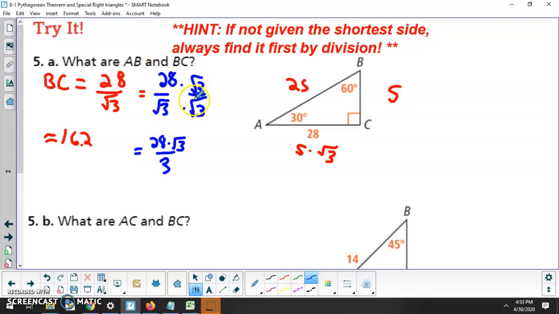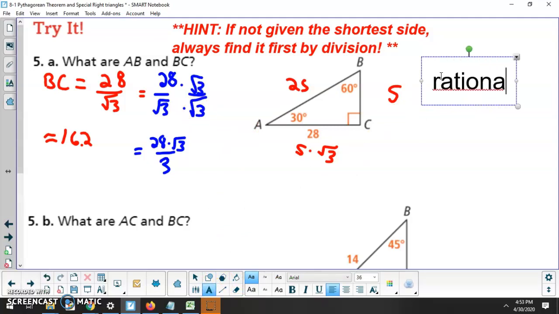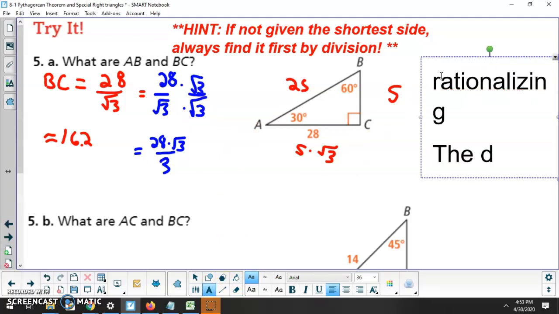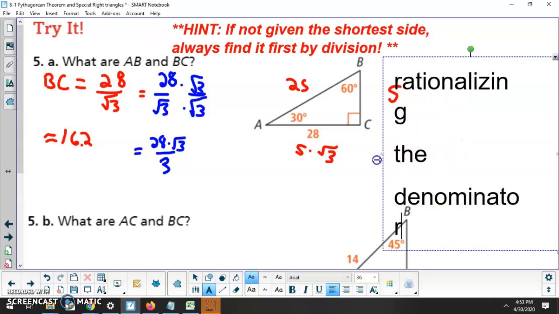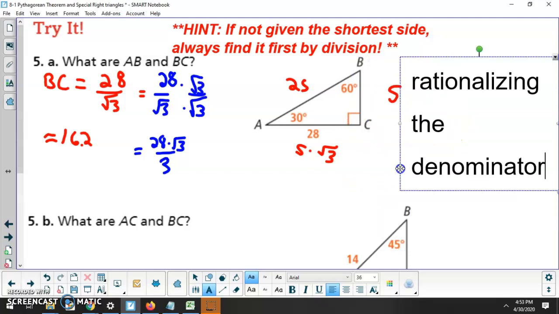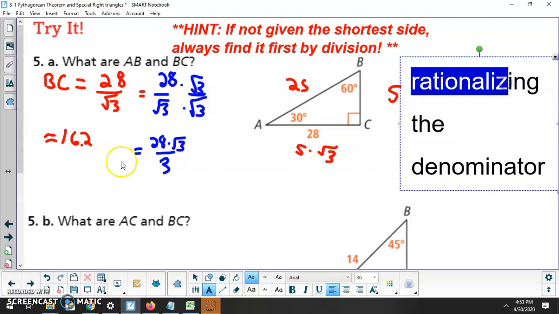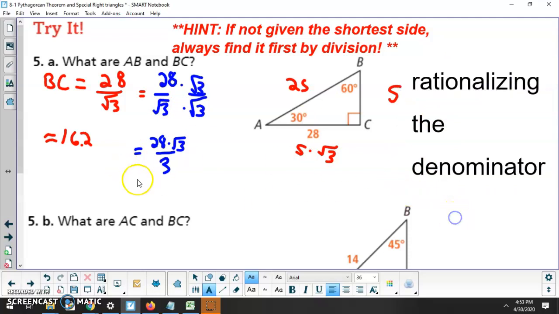What we just did is called rationalizing the denominator, which means you're making the denominator into a rational number, because square roots, when they're not perfect squares, are irrational numbers. And that's how you get the shortest side.